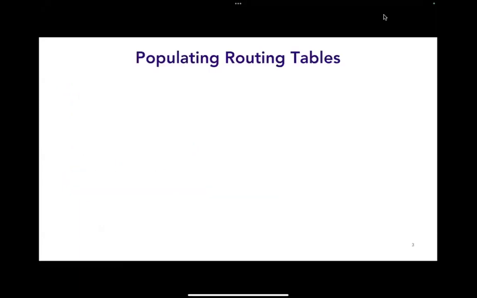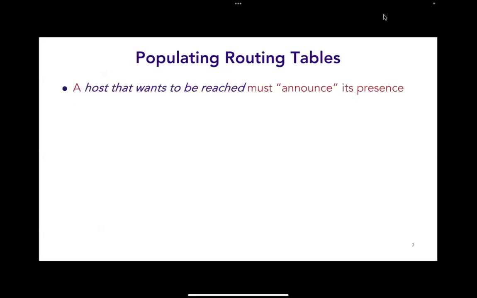So in order to understand the population of routing tables, we already know that every host must announce its own IP address. So a host that wants to be reached on the internet must announce its presence by announcing its own IP addresses.